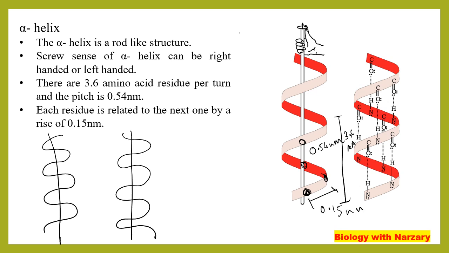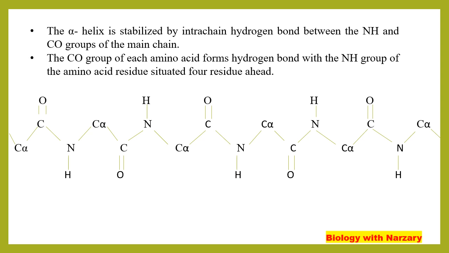0.15 nanometer. Now, since we know that secondary structure is stabilized by hydrogen bond, the alpha helix structure is stabilized by intrachain hydrogen bond, and this hydrogen bond forms between the CO group of each amino acid and the NH group of the amino acid residue that is situated 4 residues ahead.